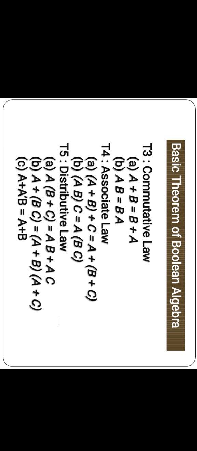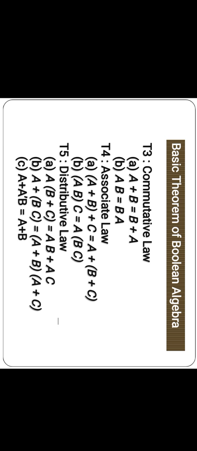Next theorem, associative law. First law is A plus (B plus C) equal to (A plus B) plus C. It states that in the ORing of several variables, the result is the same regardless of the grouping of the variables.